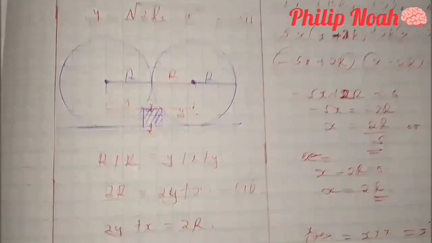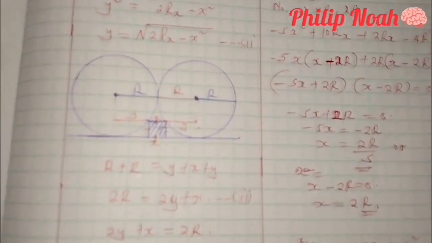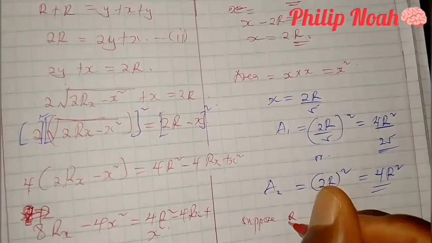So suppose, for example, the radius r was something like 10.